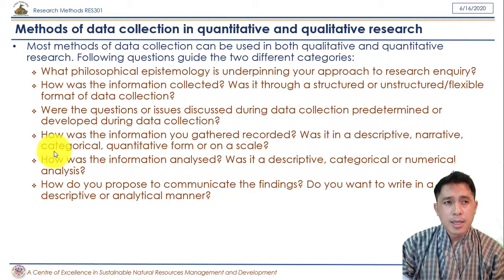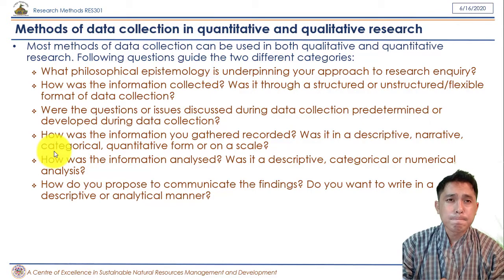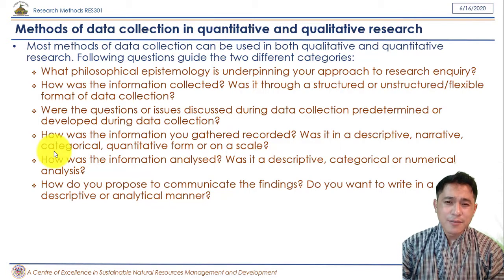But if you are saying that three predators were chasing around two prey, so that's scale. Or, for example, the group of cattle in that type of forest have an average weight of 70 kilograms, and the average weight of the cattle in another type of forest is around 95 kilograms.